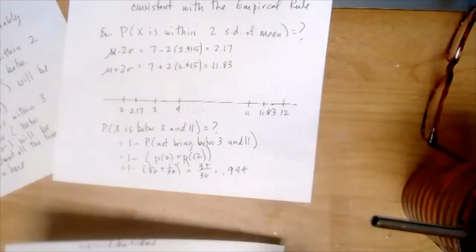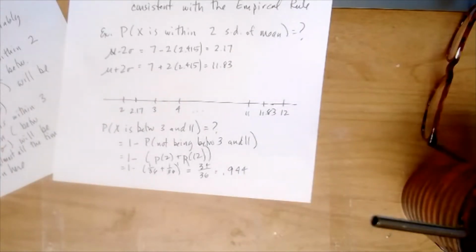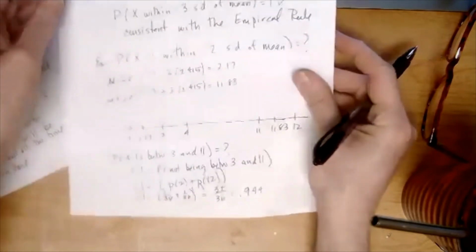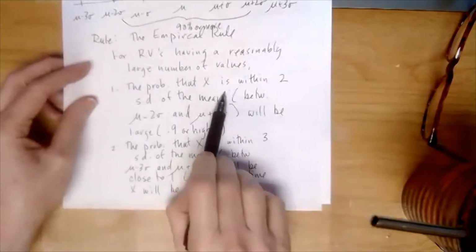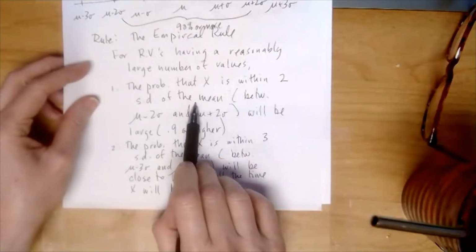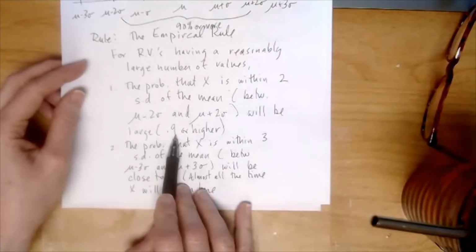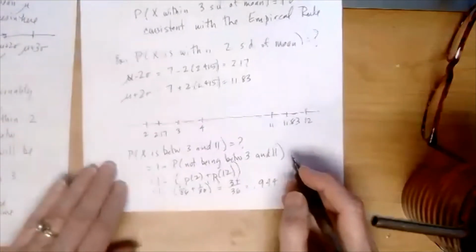All right, so to recall what the empirical rule told us about that. The empirical rule said the probability that x is within 2 standard deviations of the mean is going to be large. Usually it's going to be 90% or higher. So is this 90% or higher?